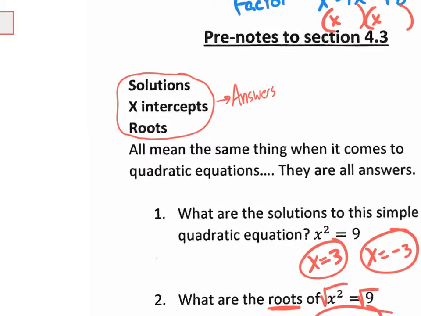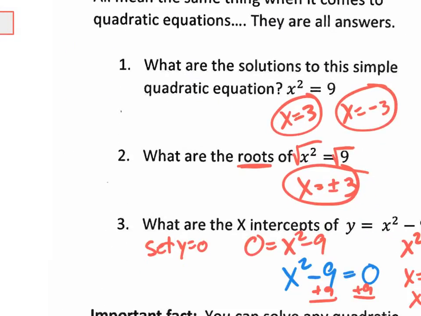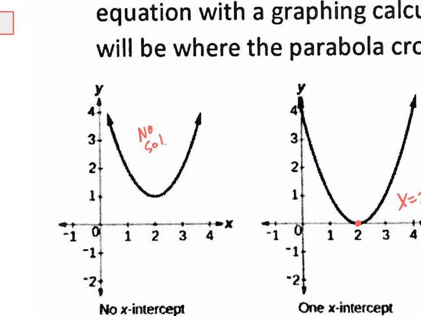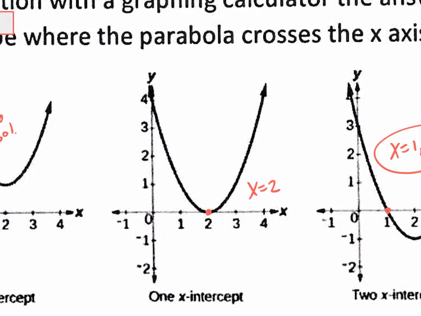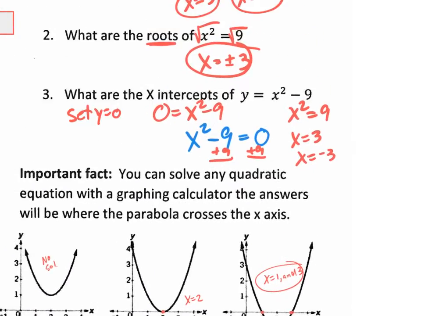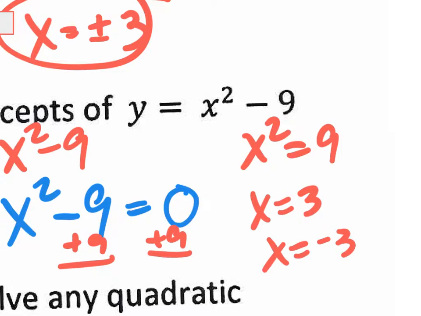That's what it says up here. X-intercepts means answers. So if I tell you, find the answers, and you graph it and it doesn't cross, then you would say no solution. If it crosses at one point, then it only has one answer. If it actually crosses at 2 locations, then these 2 locations are your answers. So what if I would have graphed this guy right here?